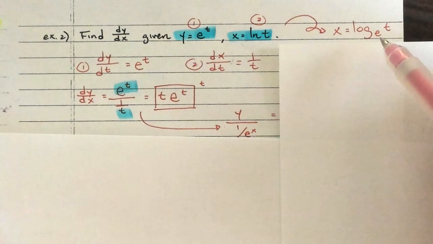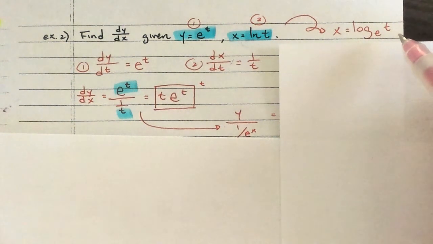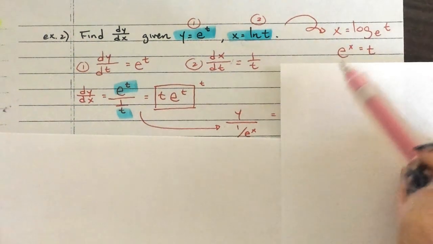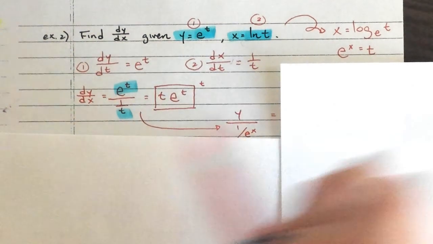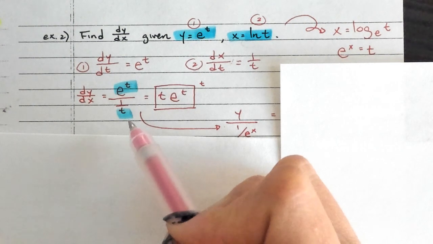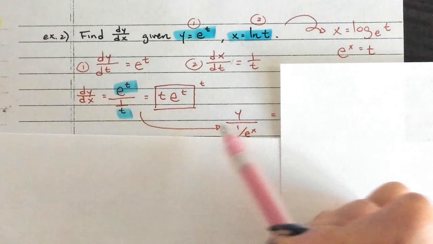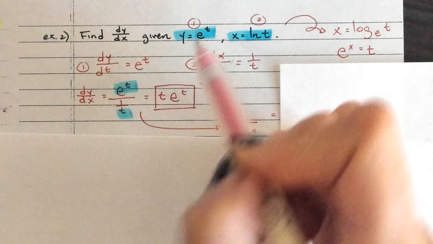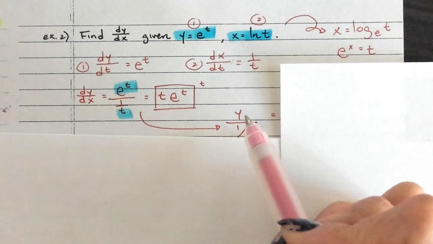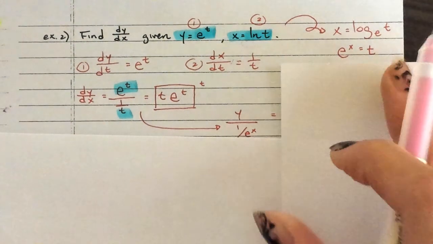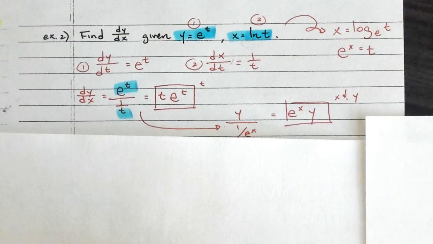How do we do that? e, that's the base, to the power of x equals t, right? We're just changing from a log to an exponential. So e to the power of x equals t. All right, so now I'm changing that t into an e to the power of x. So it's y over, see, because y is e to the t, so I can change that into a y. And then t is this, so I replaced it, and now I have my answer in x and y.